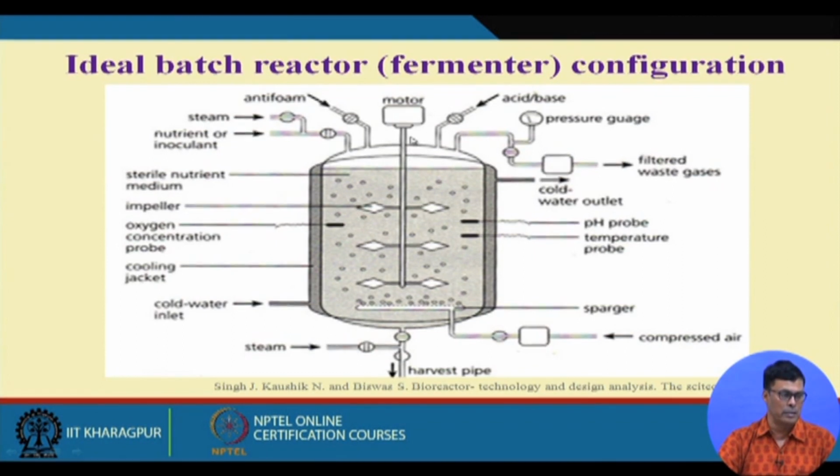There will be a mechanical seal here, and this mechanical seal is very crucial for any biochemical industry, because as I told you in a very fast lecture, the basic difference between chemical and biochemical processes is that in the biochemical process mostly we maintain sterility in the reaction mixture. Why sterility? Because we want to grow a desired organism inside the reactor. We don't like to grow any other organism other than our desired organism.